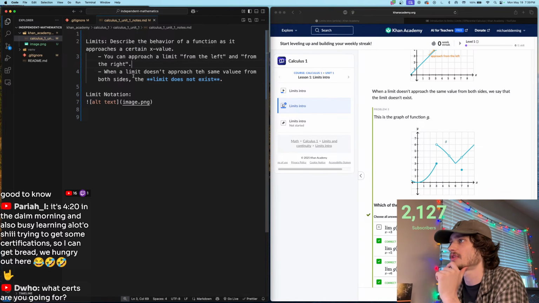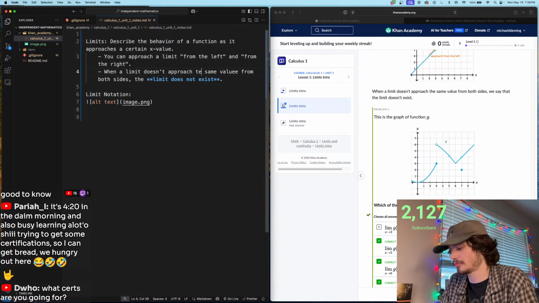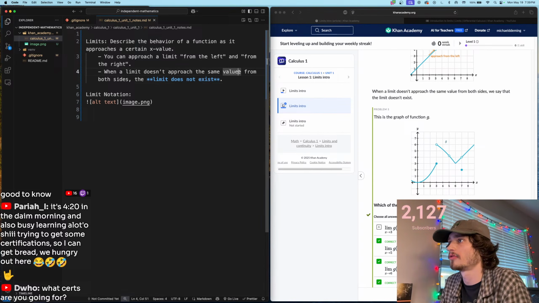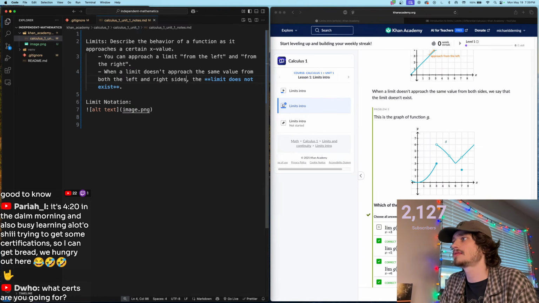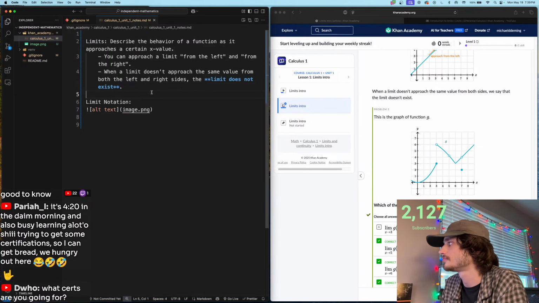When a limit doesn't approach the same value from both the left and right sides, the limit does not exist. Okay.